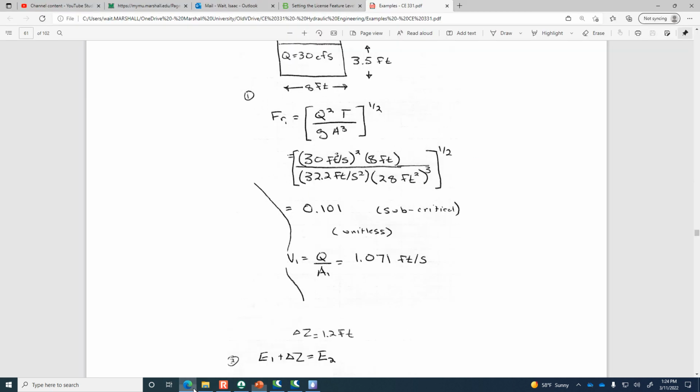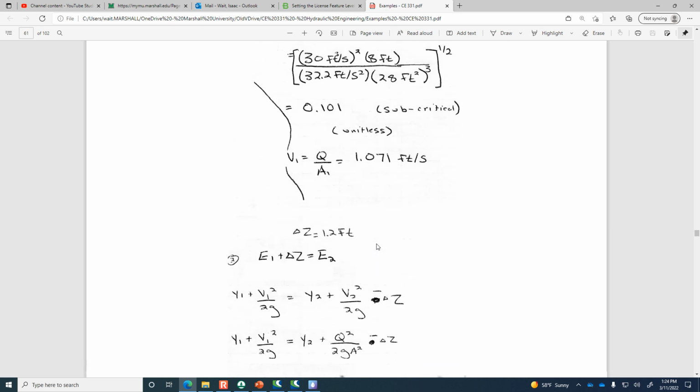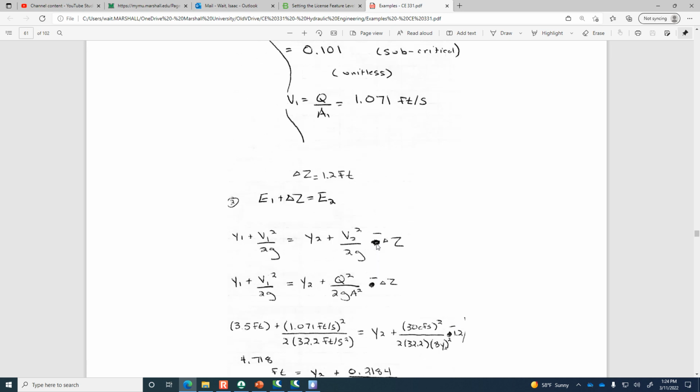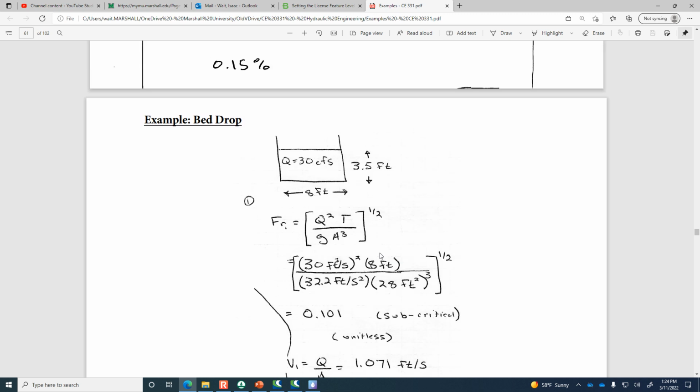So where we're at so far is we know the Froude number at 1 was subcritical. We know E2, and we say E2 is made up of the depth at 2 and the velocity head at 2.